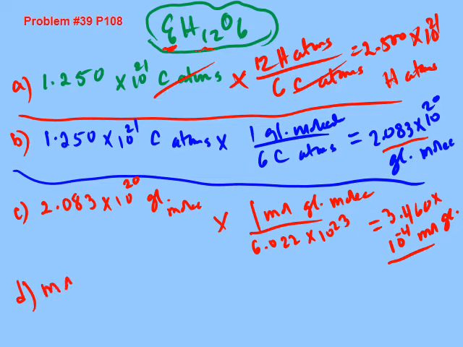So you start with 3.460 times 10 to the power minus 4 mole of glucose.